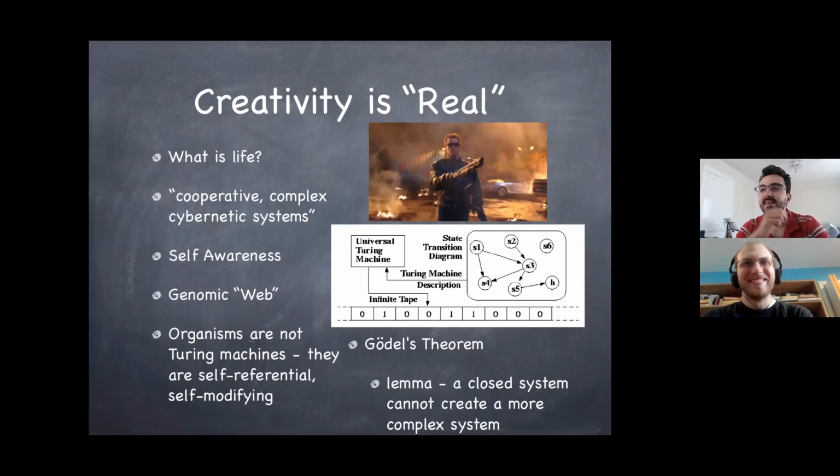And here you have the Terminator. Yes, yes. But what I mean to show is that an artificial intelligence cannot occur based on the principles that a Turing machine works on. Yes.